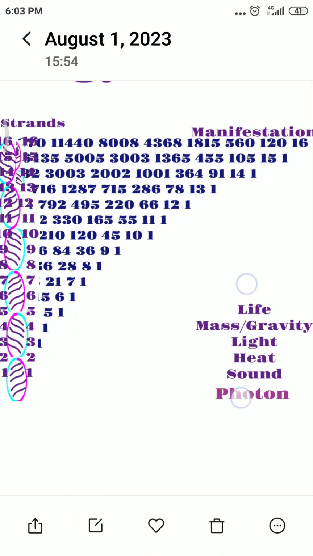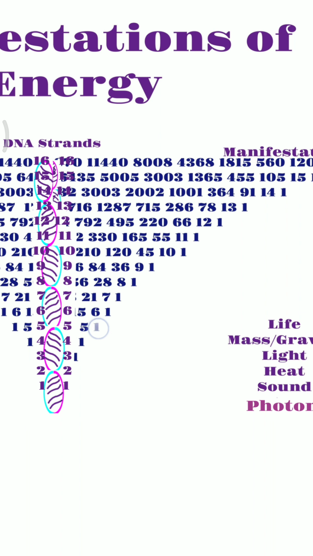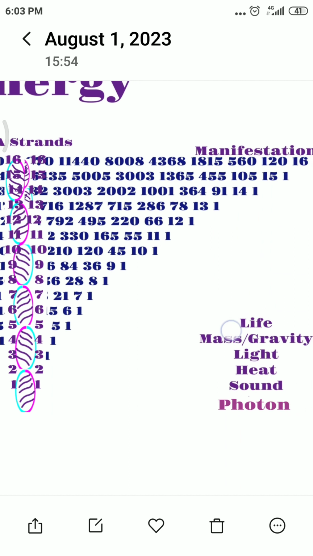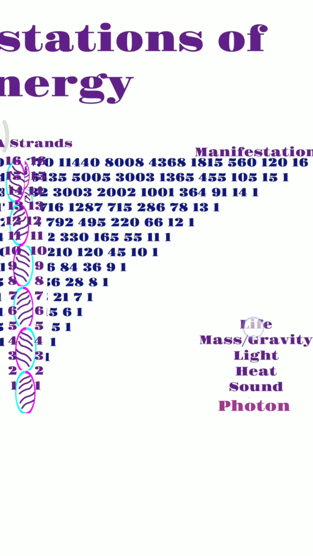Manifestation of energy is very important, and I don't think it was explained this way earlier. What I mean is, after gravity, after you cross this fourth level, when you reach this level physically, not mentally, mentally we can reach up to here, but physically when you reach this level, energy will be manifested as life itself.